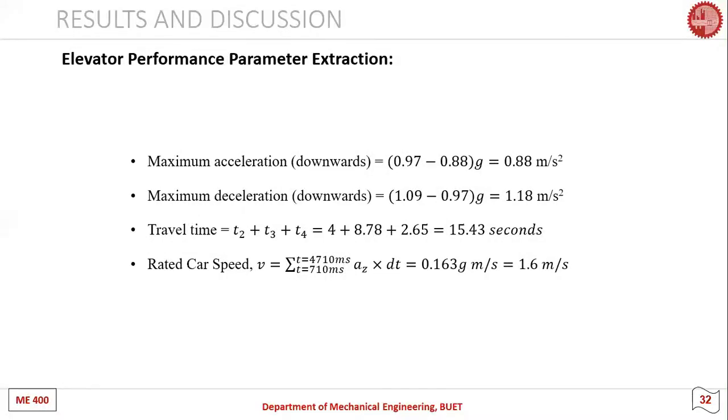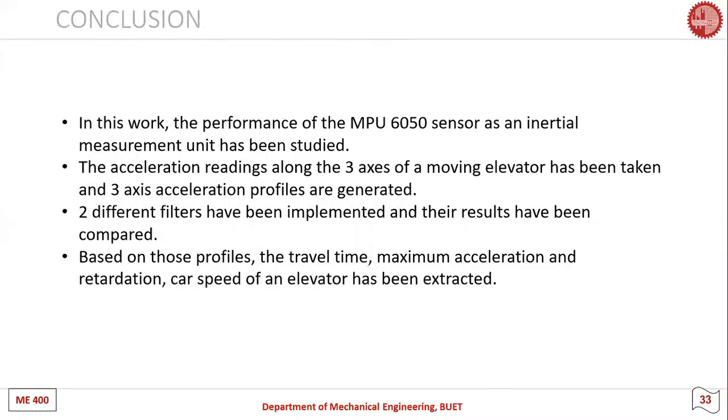Now for the conclusion. In this work, we have studied the performance of an MPU 6050 as an inertial measurement unit, as it's both low cost and easily obtainable. The acceleration readings along the 3 axes of a moving elevator have been taken and 3 axis acceleration profiles are generated. 2 different filters have been implemented and their results have been compared.